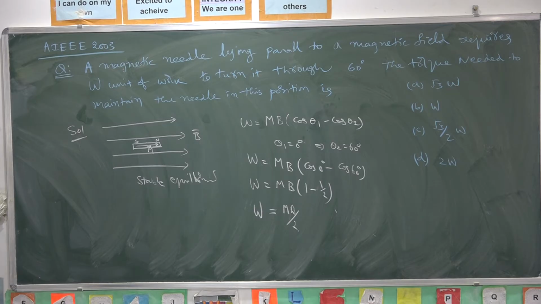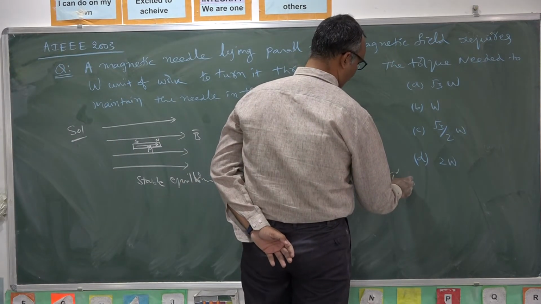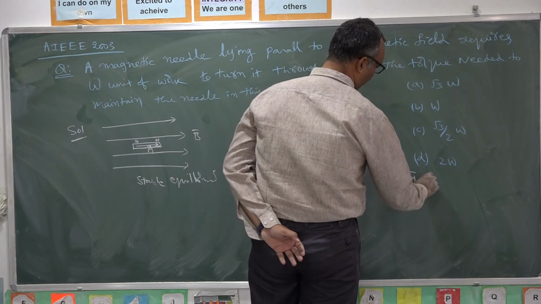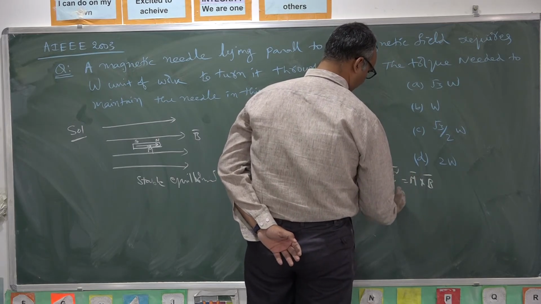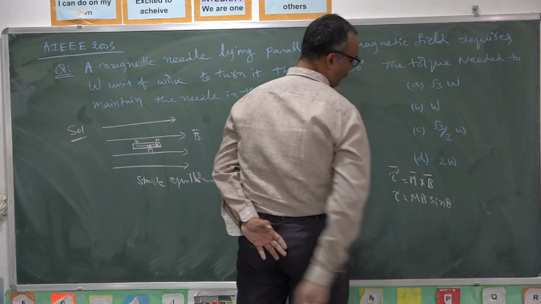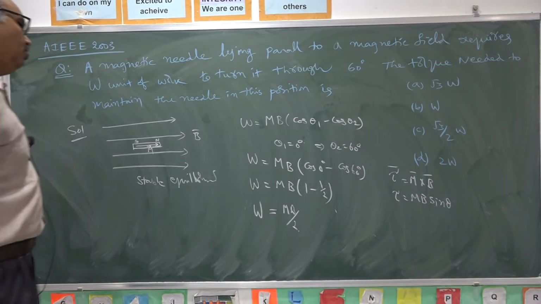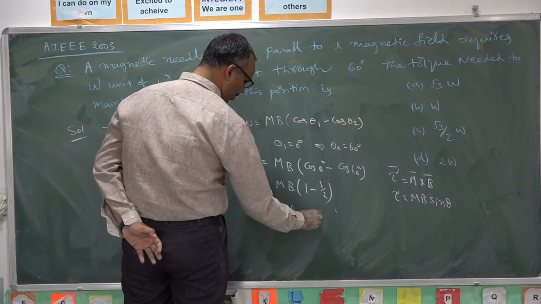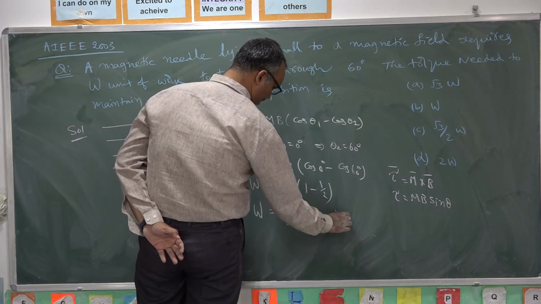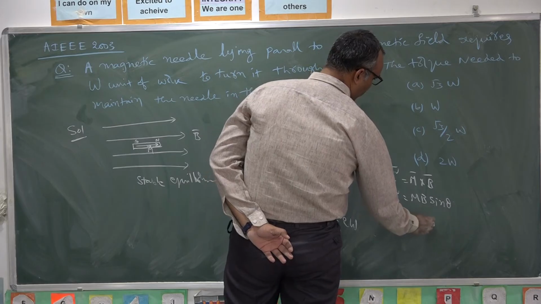What is the torque needed to maintain the needle in this position? Torque is M bar cross B bar, MB sin theta. So MB value you can have from here as 2W. So torque required is 2W.